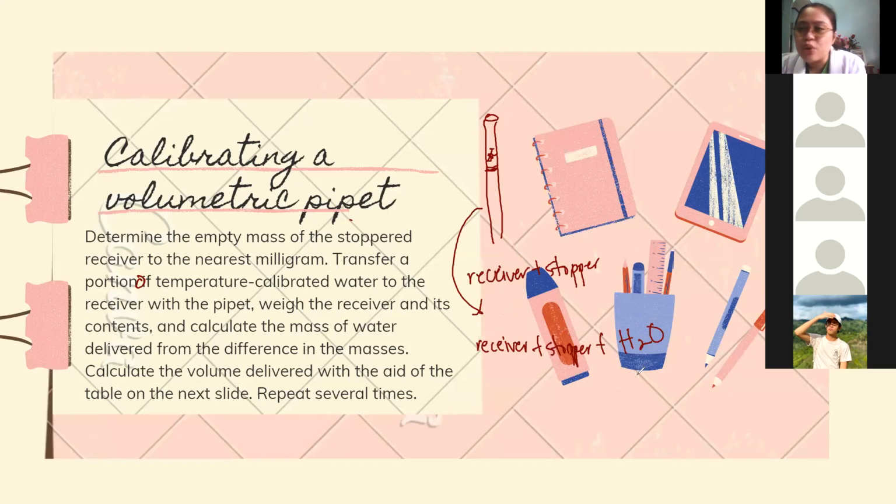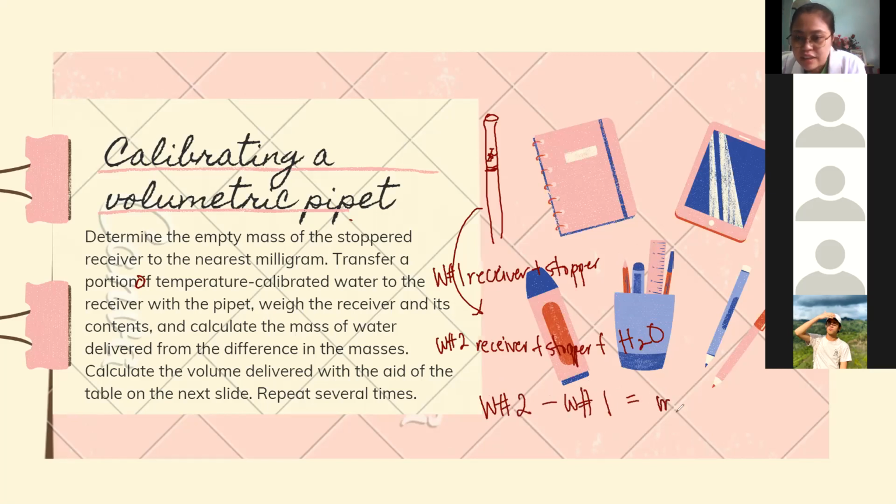And then we have to calculate the mass of the water delivered from the difference in the masses. So para makuha nato ang mass sa water na na-deliver using the pipette, i-minus lang nato ni siya. So if this is weight number 1, this is weight number 2. So ang atuang formula ani is weight number 2 minus weight number 1.